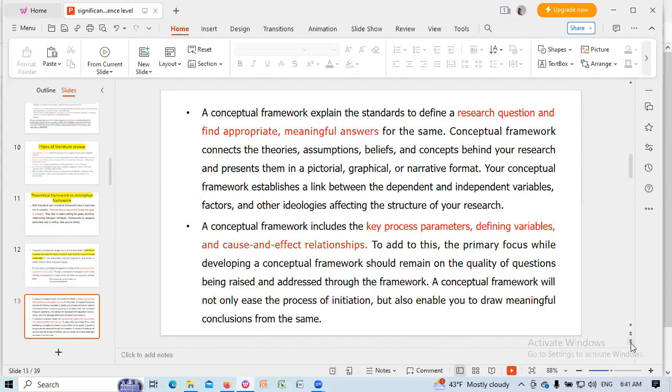That is, you write results and conclusion. It also helps: you can compare the preliminary work with your research work, and you write results and discussion with the help of the conceptual framework.